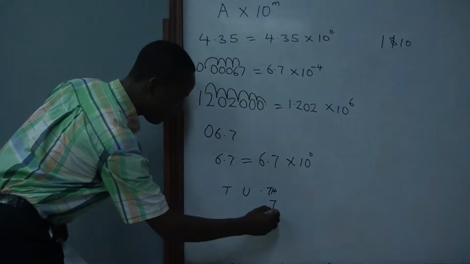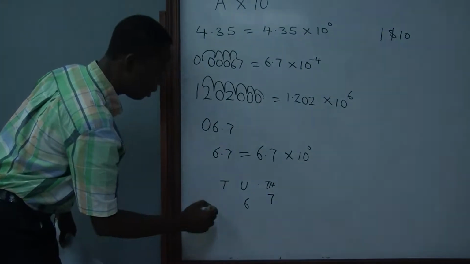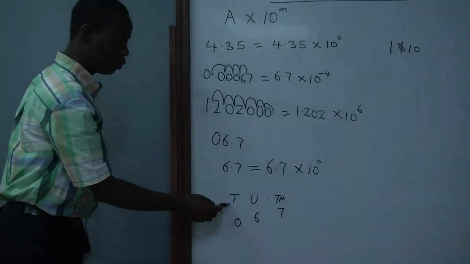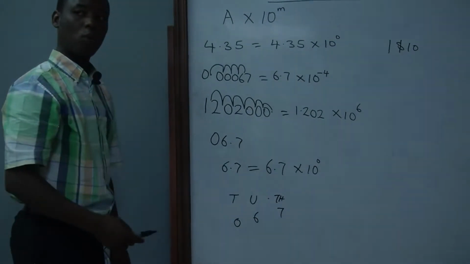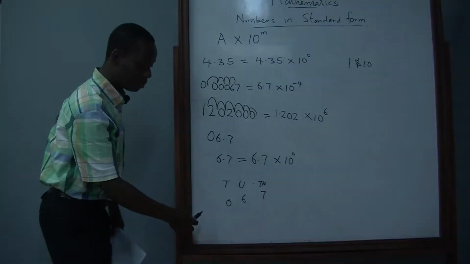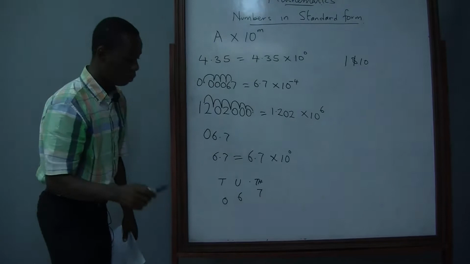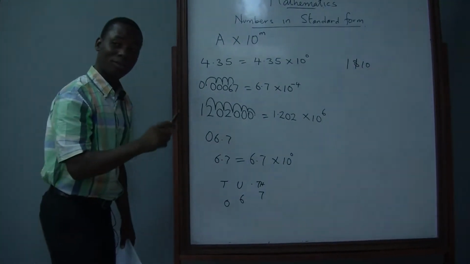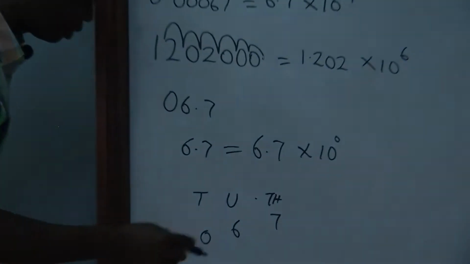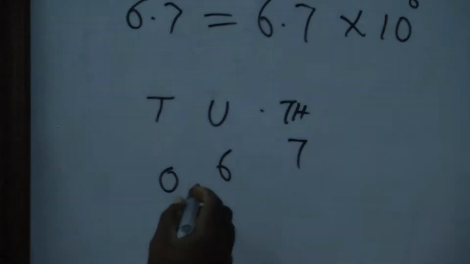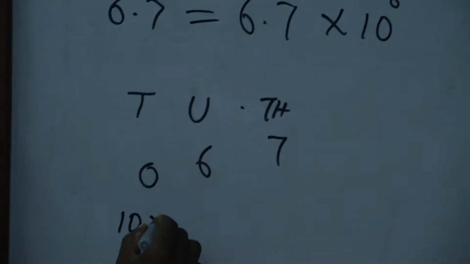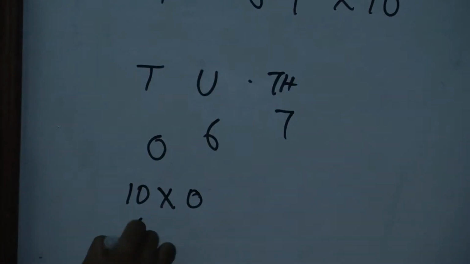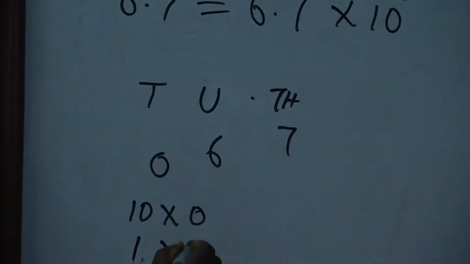So under the tens we have 0, under the unit we have 6, and under the tenths we have 7. Tens says we're going to be multiplying whatsoever we have here with 10. 0 times 10 equals 0. Unit says you're going to be multiplying whatsoever you have here with 1. 6 times 1 will give you 6. Now if we're going to add them together, we're going to have the first one, which is 10 times 0. The second one is 1 times 6.